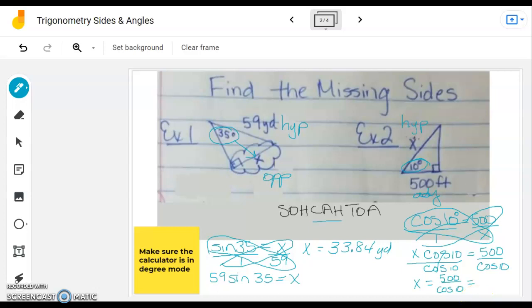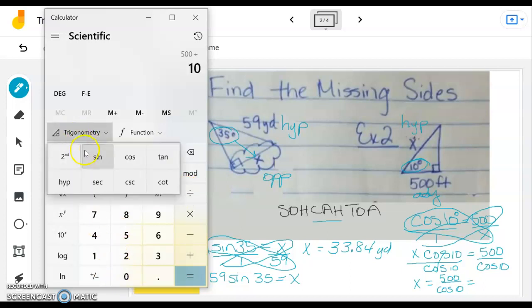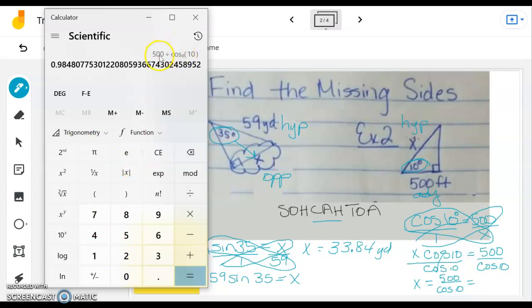So I'm going to bring up my calculator. Clear that last entry. I'm going to have 500 divided by, I need to put the 10 in first, then my cosine function. So 500 divided by the cosine of 10, it equals, I get 507.71.